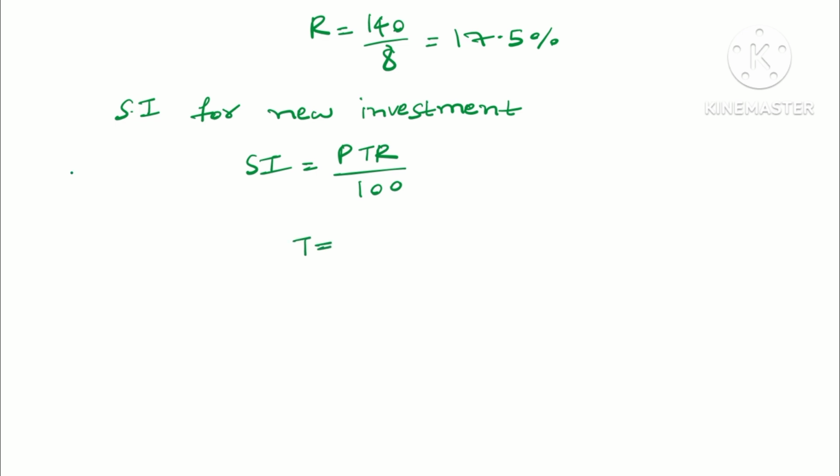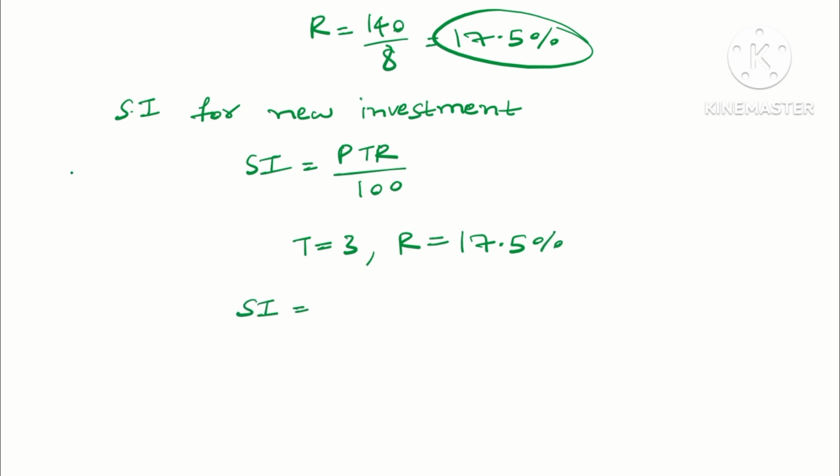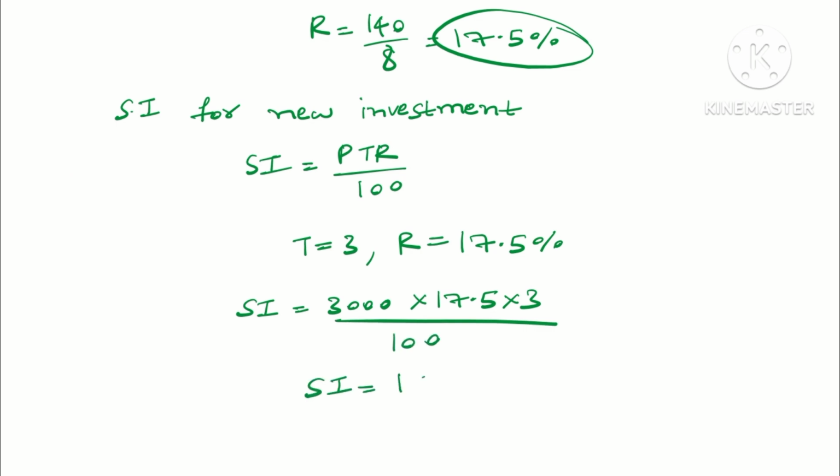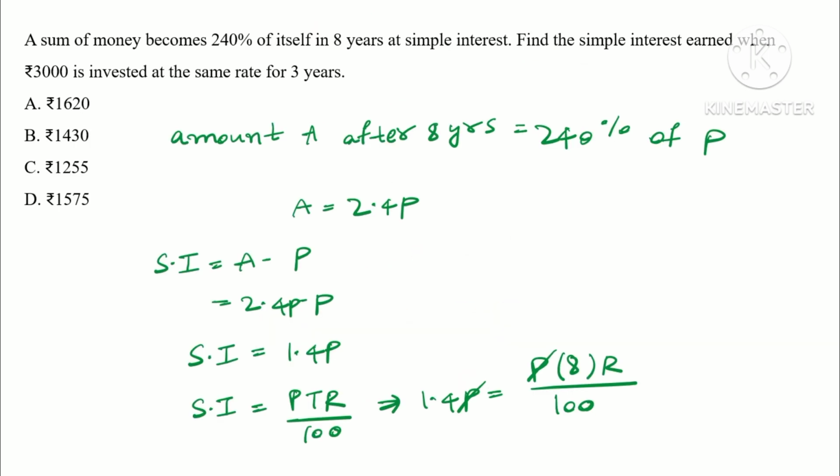So T will become 3 and R we already know 17.5%. So simple interest equals to principal amount is 3000 into 17.5 into 3 by 100. So we get 1575. Option D is the answer.